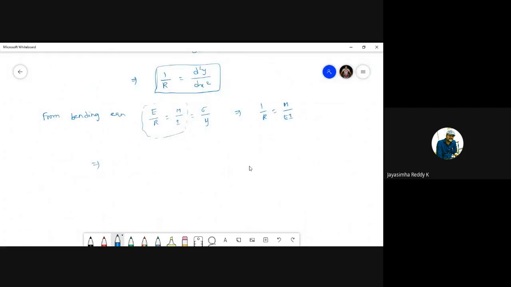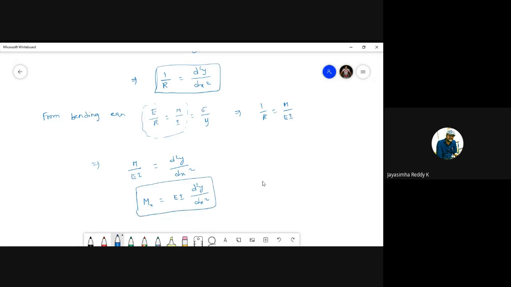This implies 1 by r is equals to m by EI. So m by EI is equals to d square y by dx square. So if you write for m is bending moment at some point, bending moment. So at some point we can have this equation EI into d square y by dx square. Is it clear? So this is also very important equation.